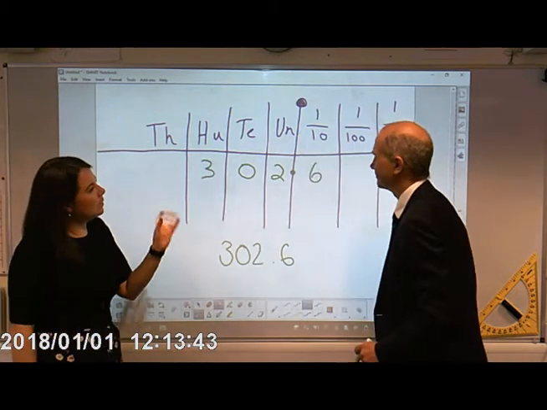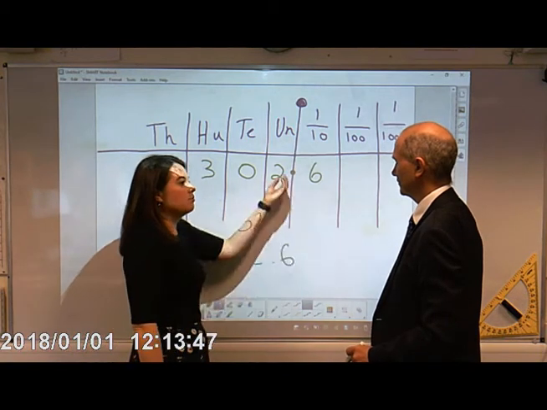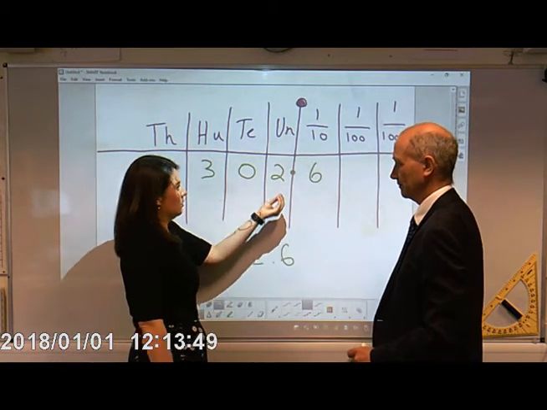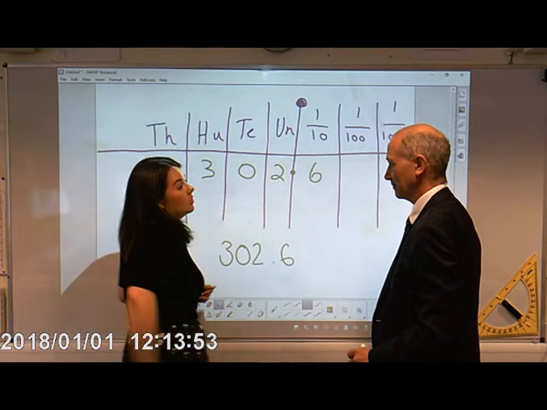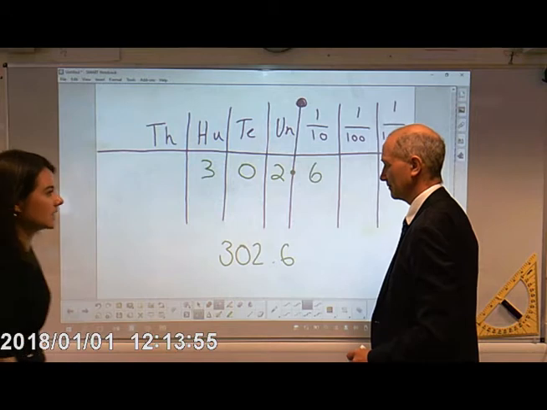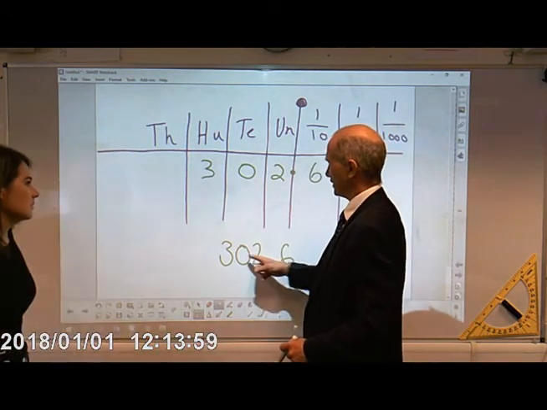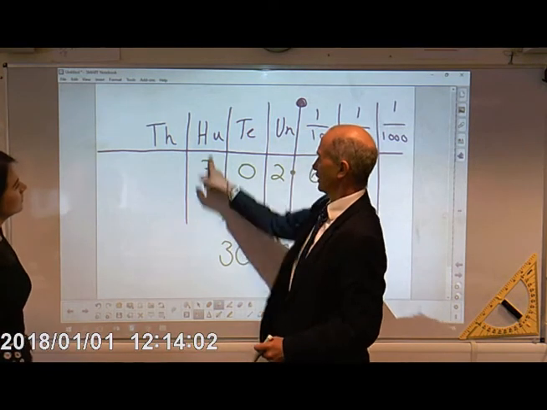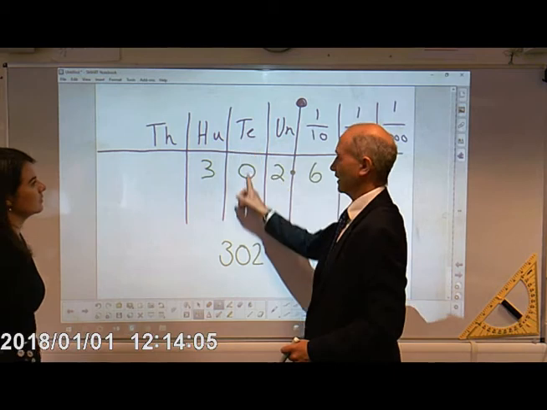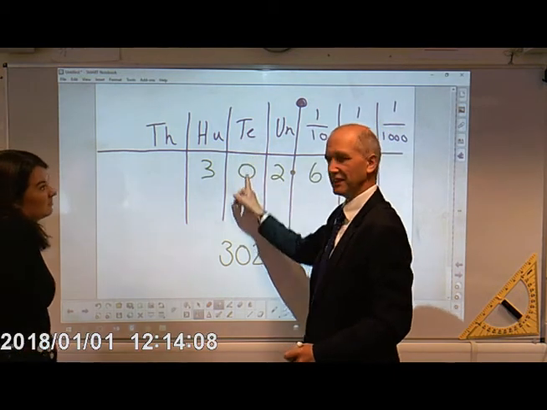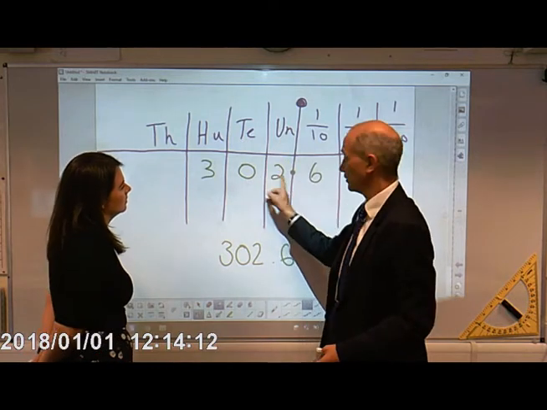The key thing is that you're always lining up your decimal points. If you don't have a decimal point, you need to pop it in, or start with your units. When you read this number, 302.6, you can almost just look above: 300, and because there are no tenths, so we're just saying and 2 units, 2.6.